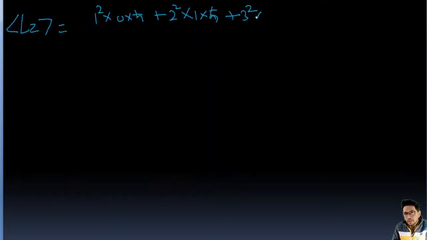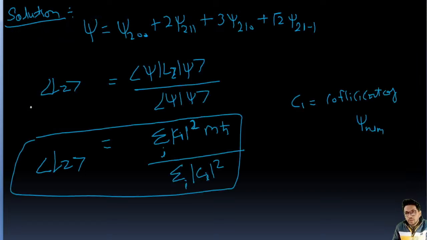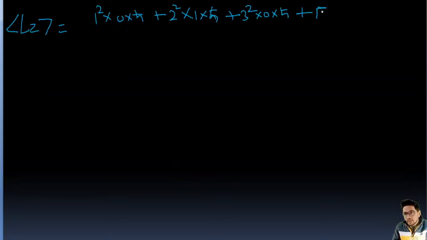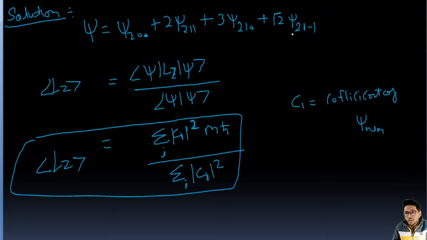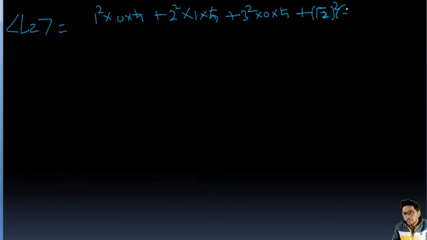The last one has coefficient root 2, whole square, into m h cut, where m is minus 1, h cut.